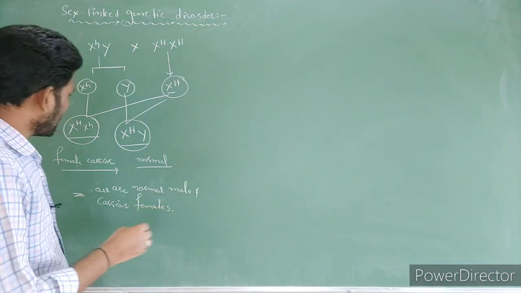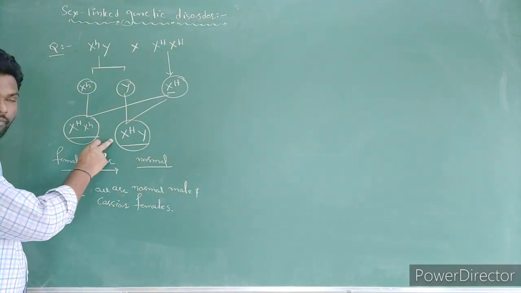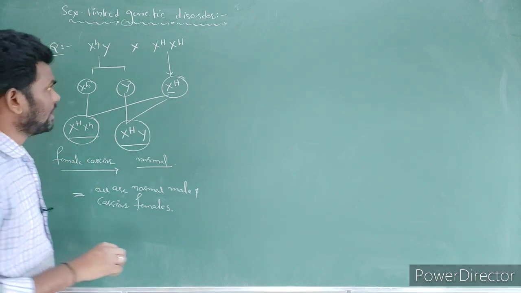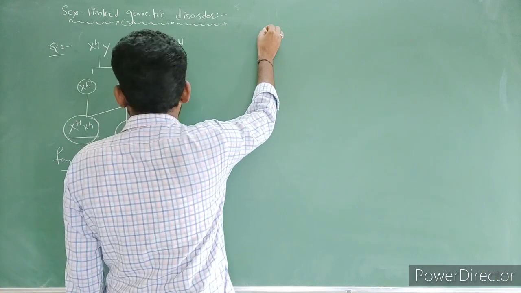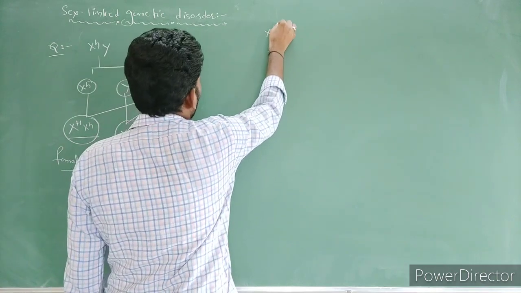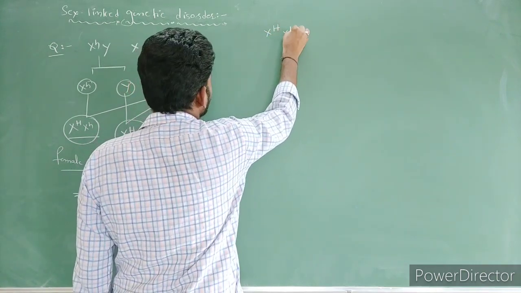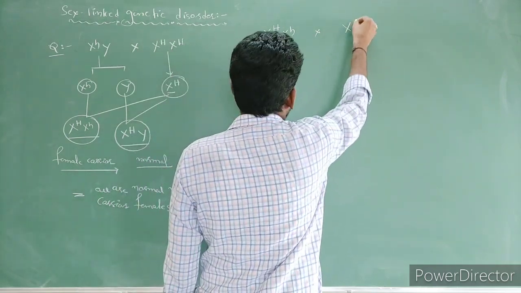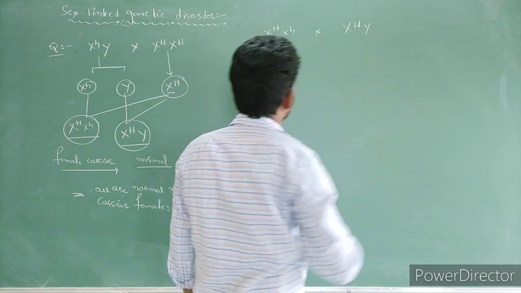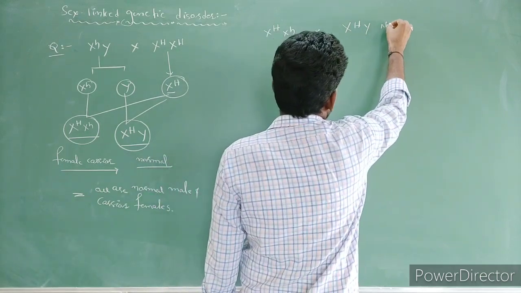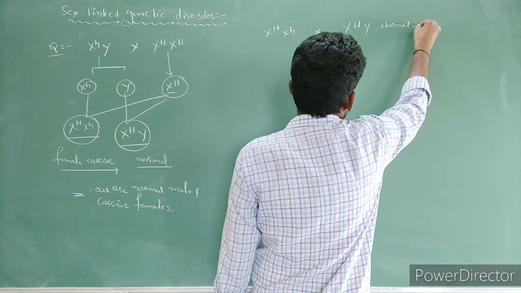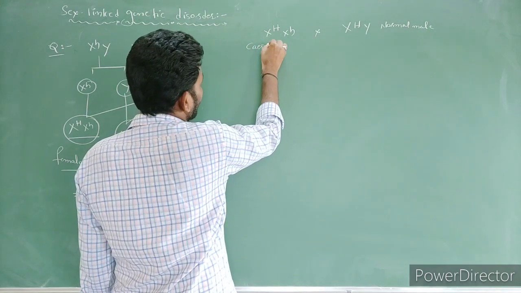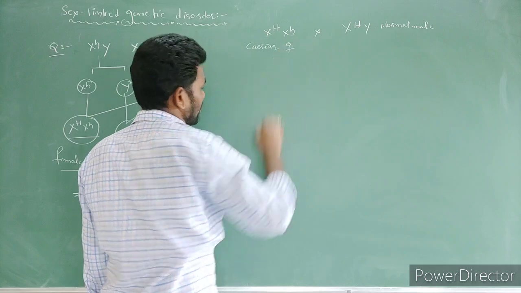Then if you make a cross between these two progeny, one is a normal male, one is a carrier female. X H and X small h is crossed with X H and Y. This is the normal male, and this is the carrier female.